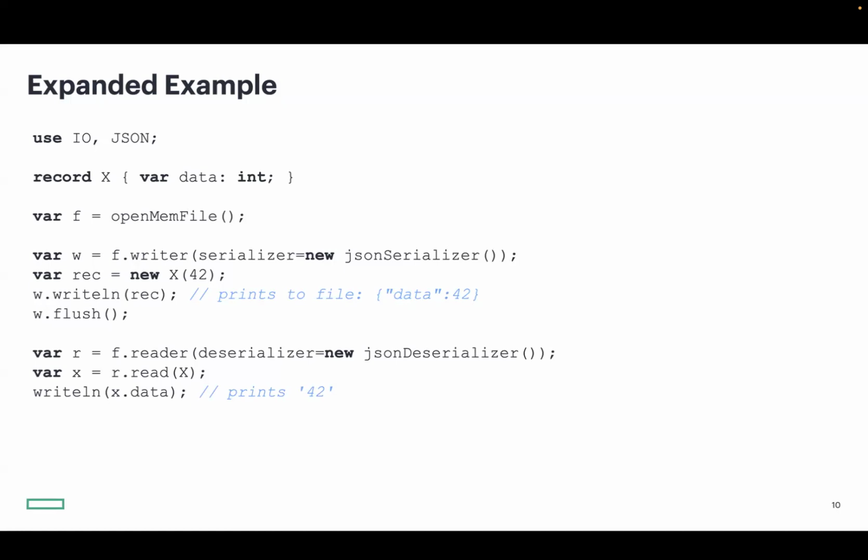Then we call the reader method on that file. We pass in a new JSON deserializer by name. We're going to call the .read method and pass in the type X. That will tell the IO module that we want to create that new type by reading it in.